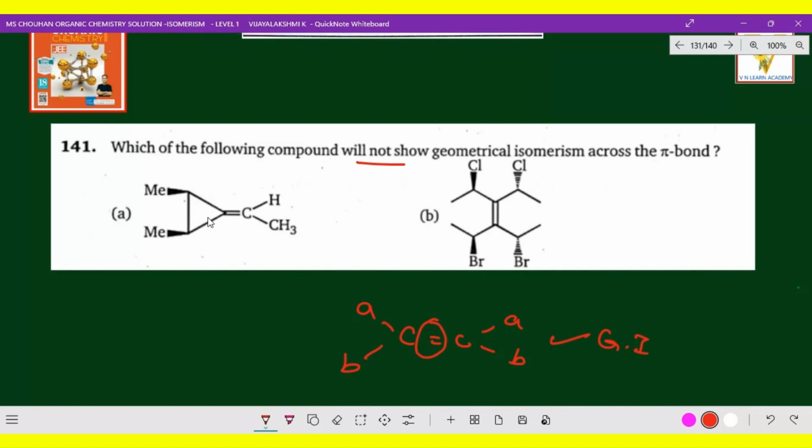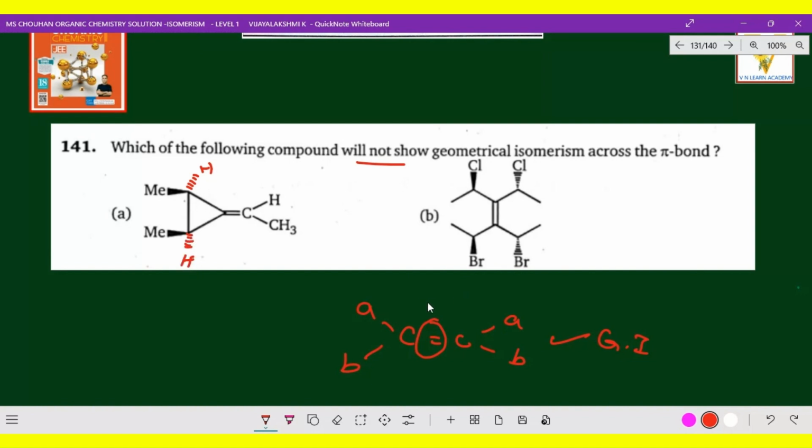In that, the methyl groups are the same, but it is a cycloalkane. In cycloalkane, CH2 has one hydrogen replaced by methyl, and the other hydrogen will be there. Both methyls are in wedge position, so the other will be in dash position, the hydrogen on dash. Now we can easily identify the RS configuration.